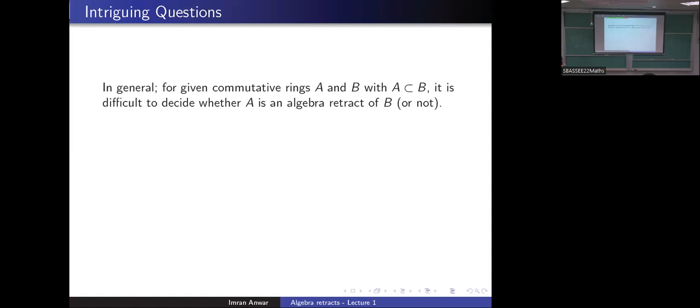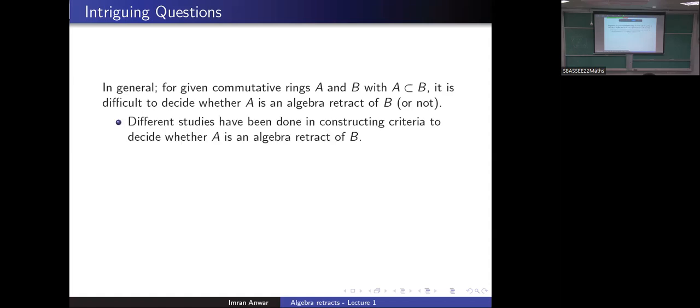In topology, things are much nicer, but in algebra, they are not. So different studies have been done in constructing criteria. People have been working on this particular problem, and there are different criteria to decide whether a given inclusion X to Y has an algebra retract or not.